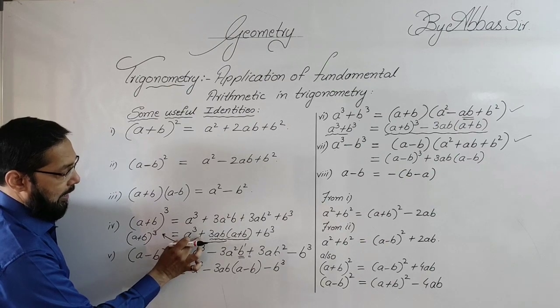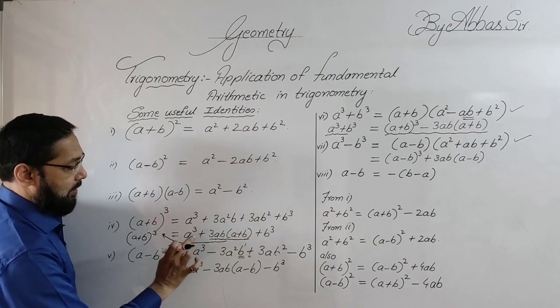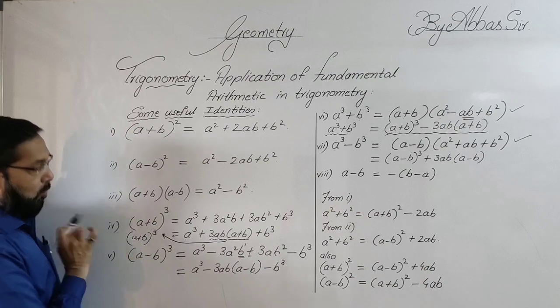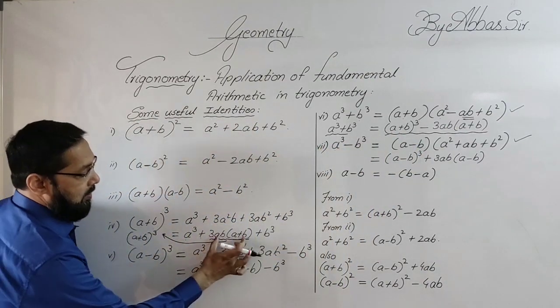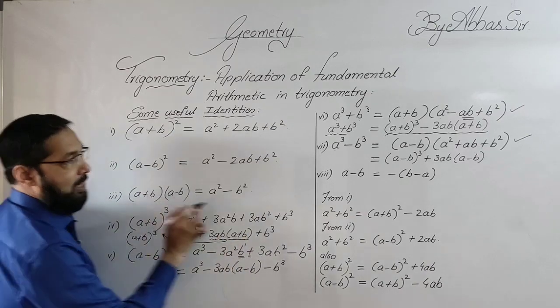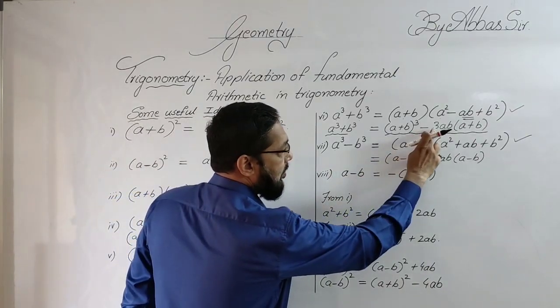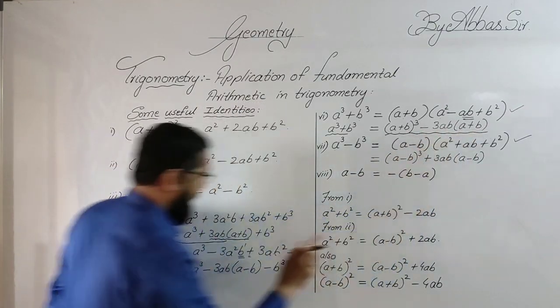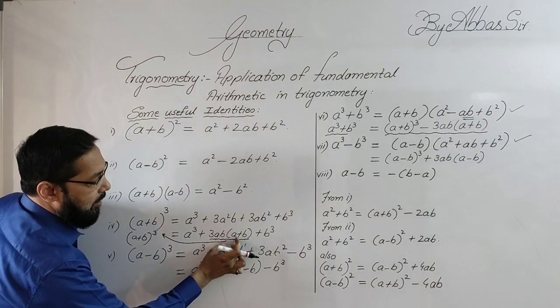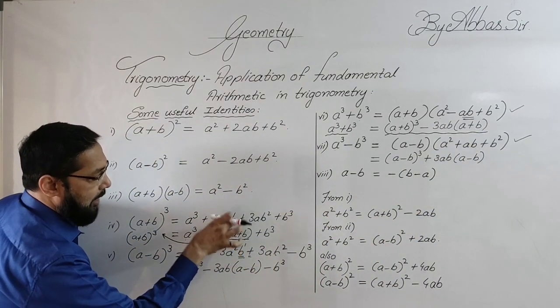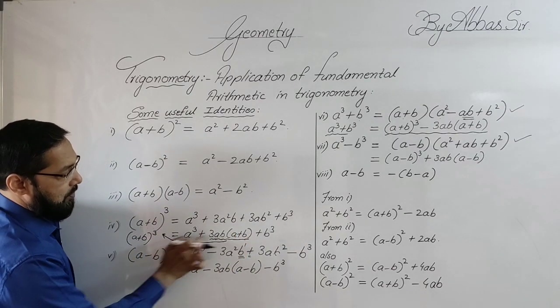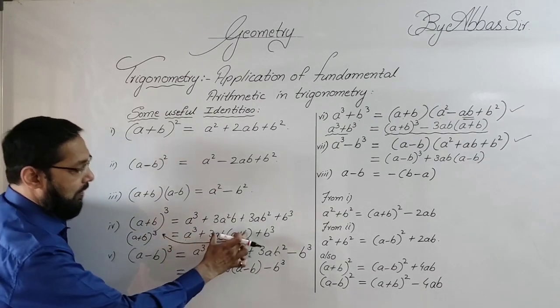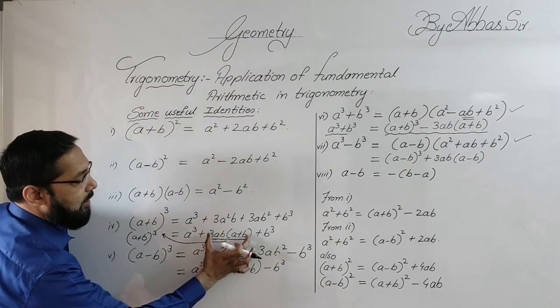So this plus sign becomes minus, and hence you get a plus b the whole cube minus 3ab into bracket a plus b. Don't touch the sign inside the bracket. That doesn't get converted to minus when we change the side. It is only this sign which will get converted from plus to minus when we change the side, because this is one term for me.